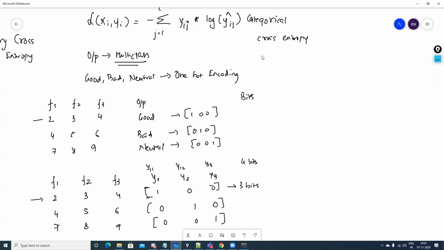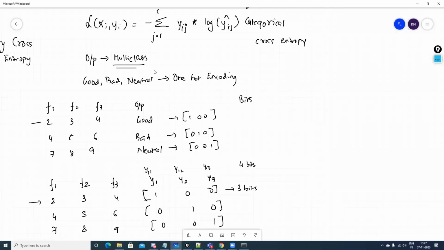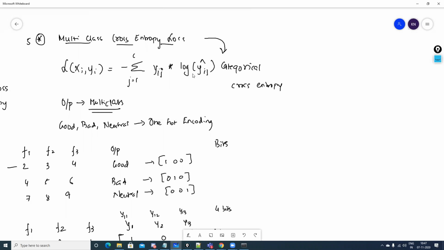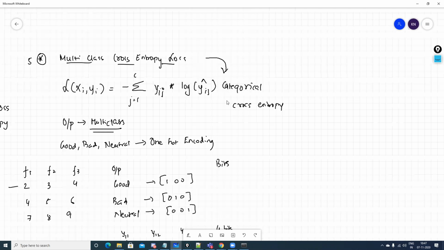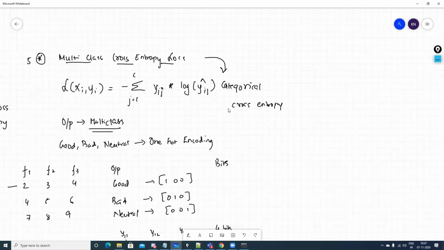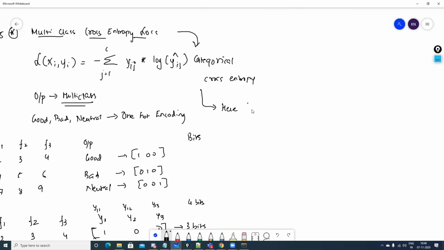You can see over here, summation of j equal to 1 to c, yij multiplied by log of yij hat. Now over here, I can say that my yi is a one hot encoded target vector.